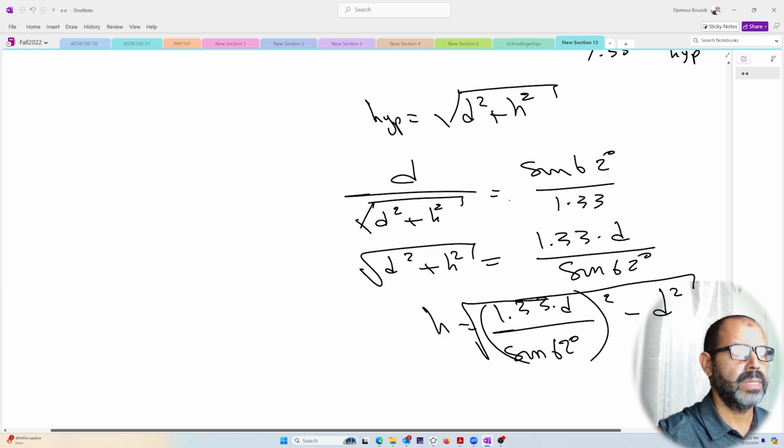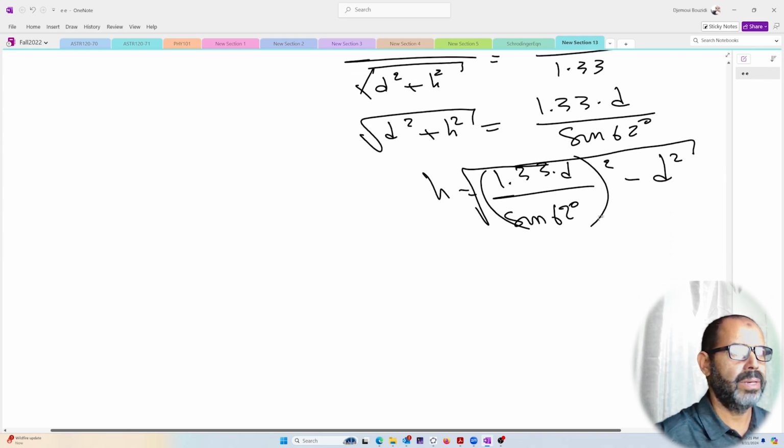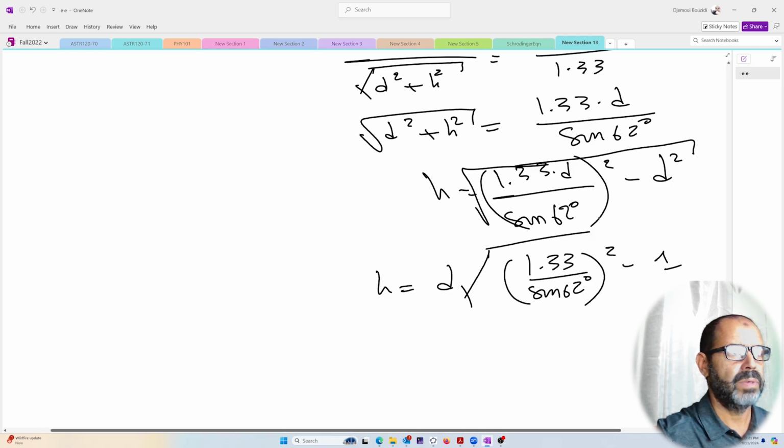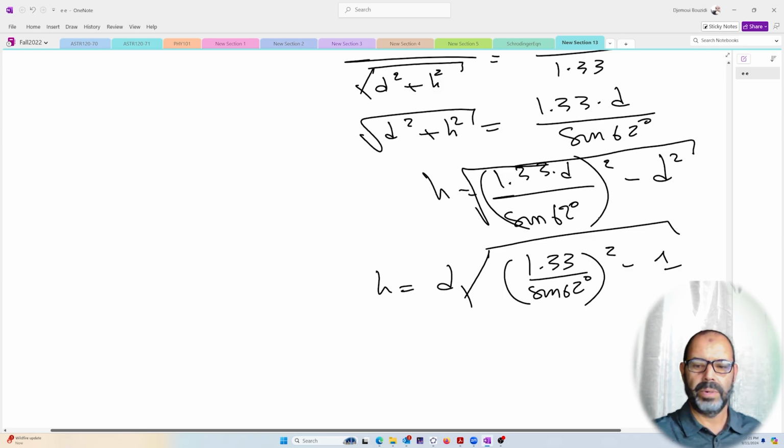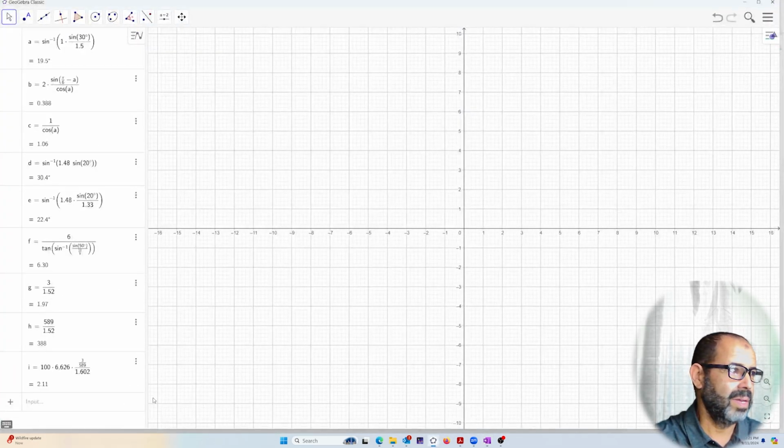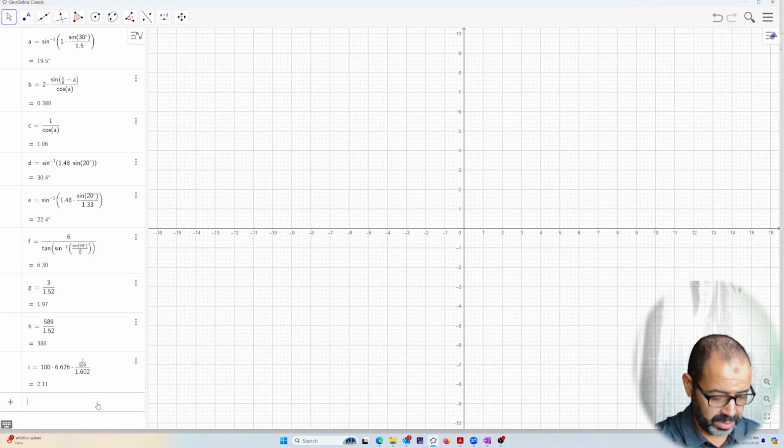You square both sides and subtract d squared, and you take d squared as a common factor from this expression, so you'll be left with 1.33 divided by sine of 62 degrees, squared, minus 1. Obviously, I hope that this is a positive number, otherwise we have an imaginary complex number that is not acceptable. Keep all of these things in your head while you're doing that.